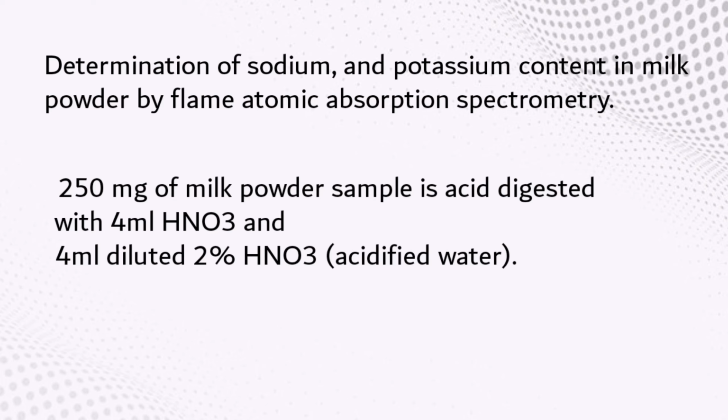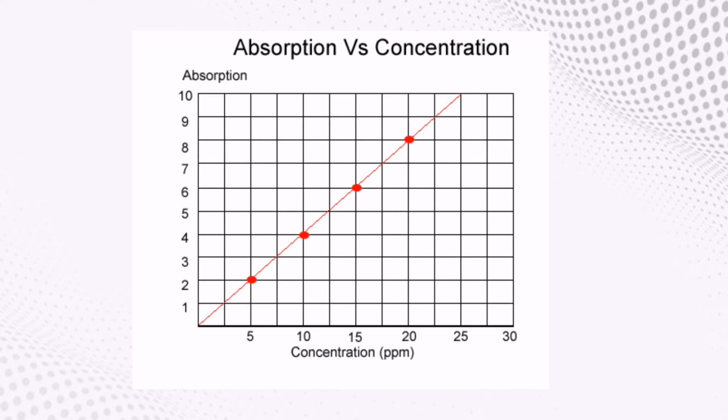In unknown samples, the concentration will not be known, but we can obtain the absorbance reading from the AAS. Here, to know the sodium concentration in the sample, after following the same procedure, the absorbance obtained is compared with the calibration curve obtained from the standards. By matching the absorbance with the standard curve, the concentration of the element in the unknown sample is thus identified.